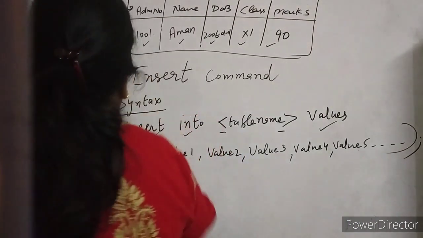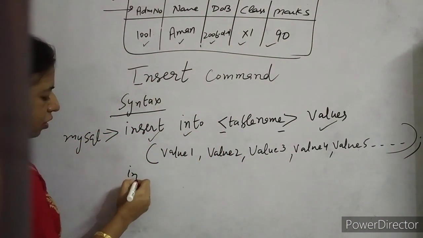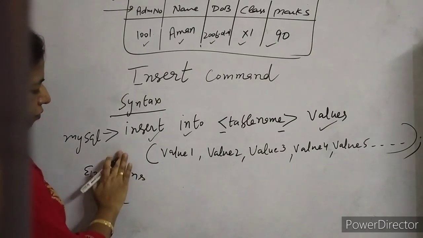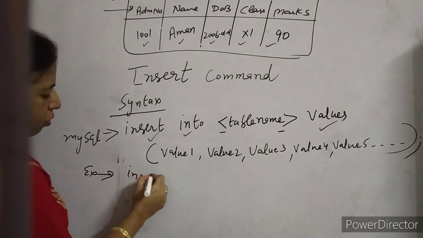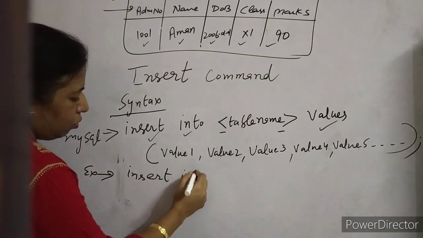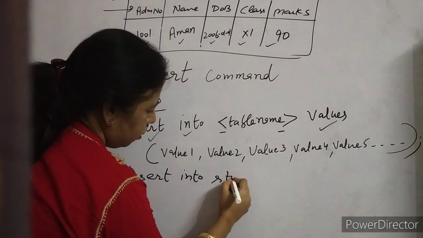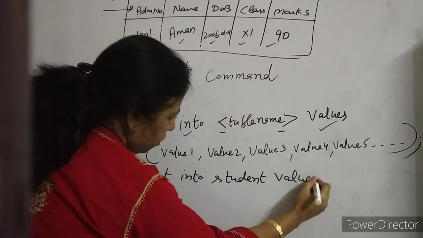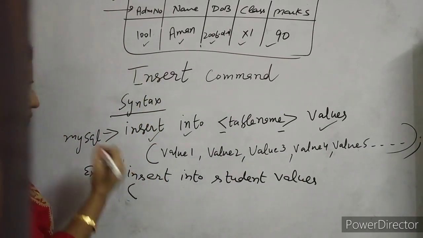Now I will insert this record. What will I write? Example: insert into student values, bracket.